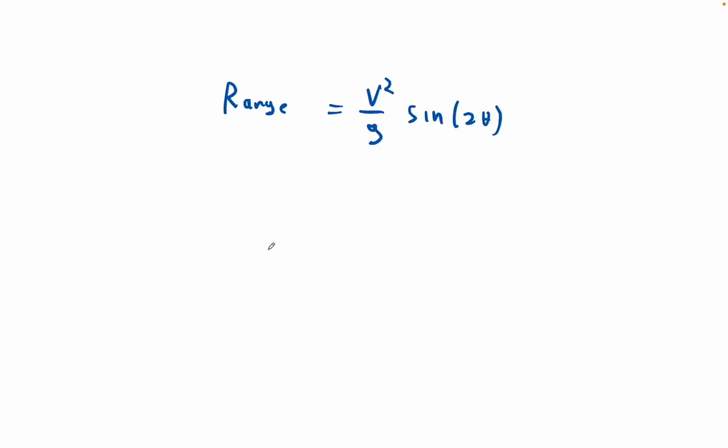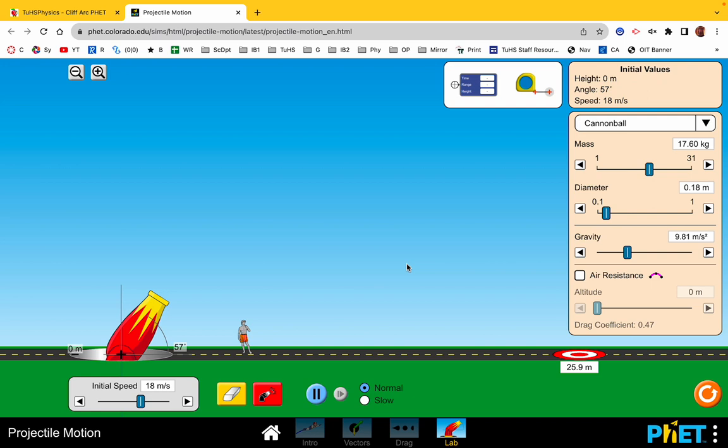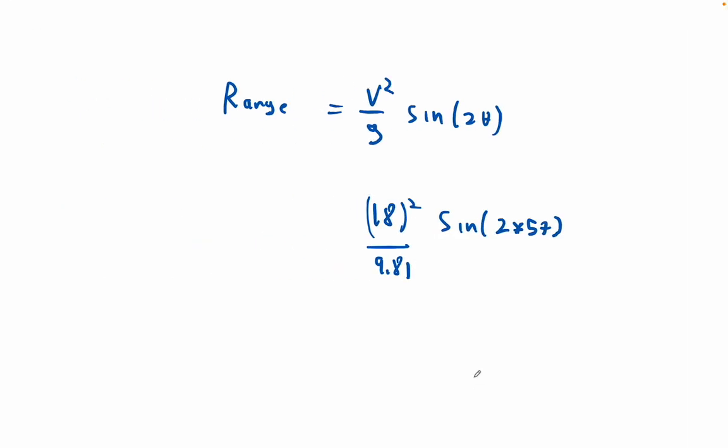See if I can remember that long enough, right? Okay, 18 meters per second and 57 degrees, 2 times. Let's see if I got it right. 18 meters per second, 57 degrees. I got that right.